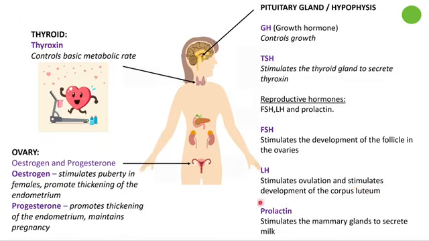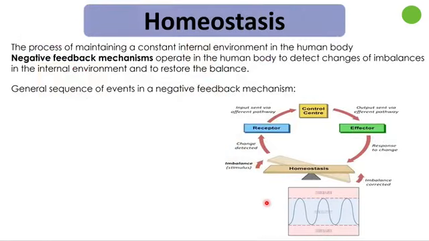And then prolactin stimulates the mammary glands to secrete milk. It also stimulates breast development, so that breast milk can be produced after the baby is born.